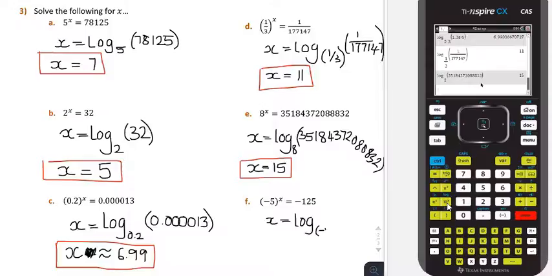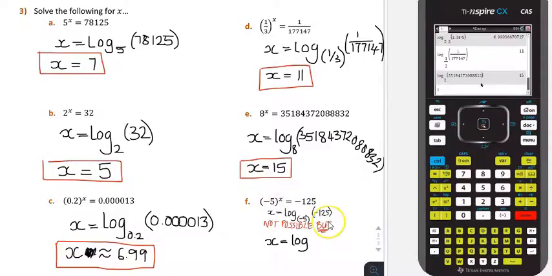Now, here's an interesting one. When we rearrange this, we get out that there's no possible solution, okay? So if we look at this, we rearrange it without taking anything into consideration, we get x equals log -5 of -125. By a prior example, we know that when we log a negative number, we have no solution.